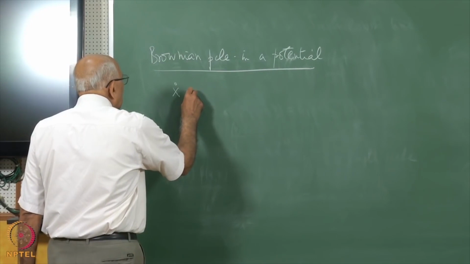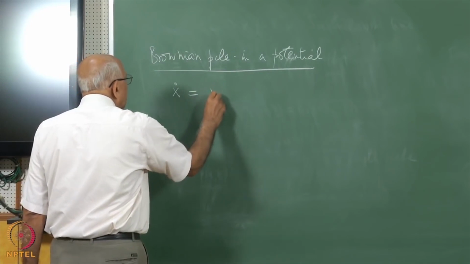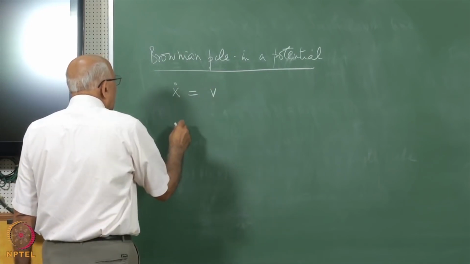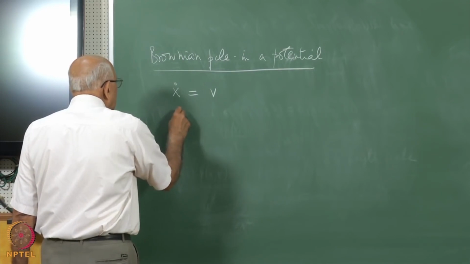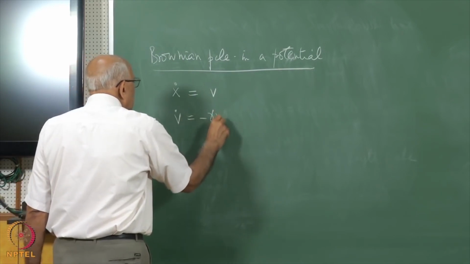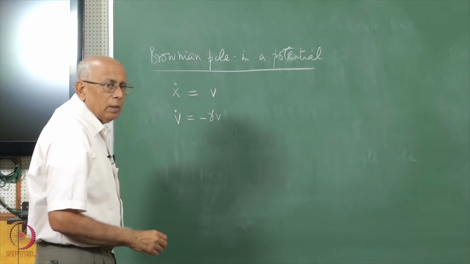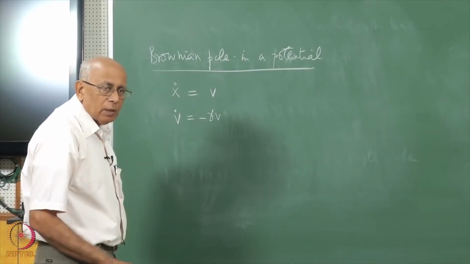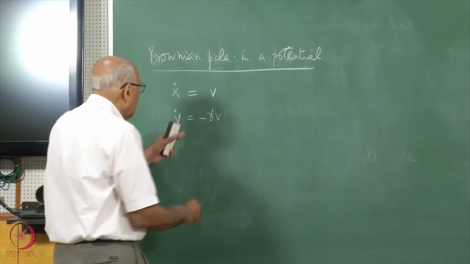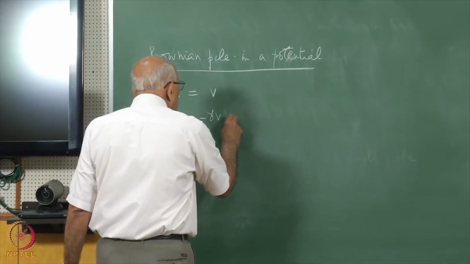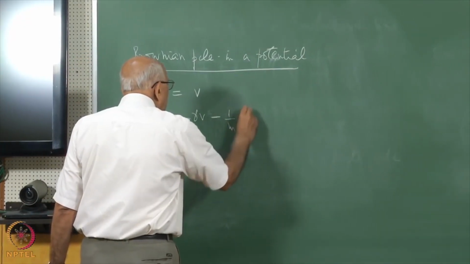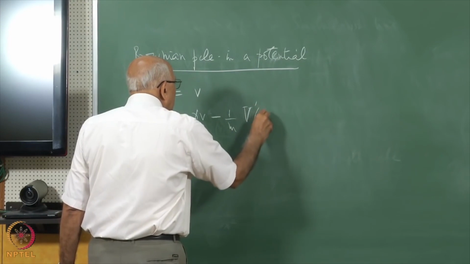x dot equal to v as before, and v dot is minus gamma v, same model as before, but now there is an external potential, some f of x, and I divide it by m. So, it is minus 1 over m V prime of x.